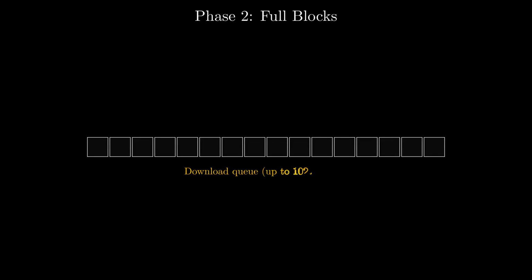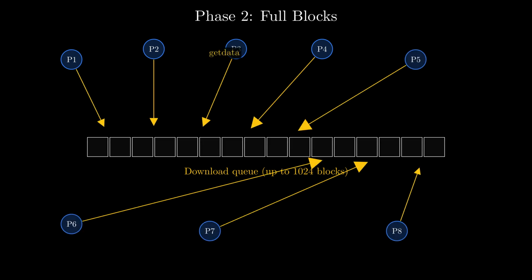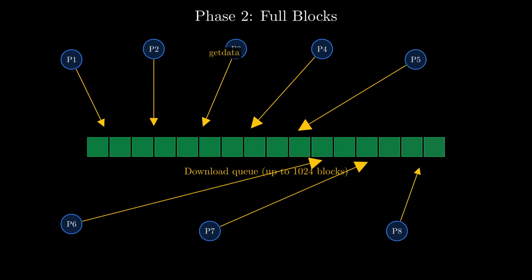Phase 2, full blocks. Now the node knows every block hash it needs. It opens a download queue of up to 1024 blocks and sends getdata requests to multiple peers simultaneously, different ranges to different peers. 8 peers each delivering a slice in parallel is dramatically faster than one peer serving everything.